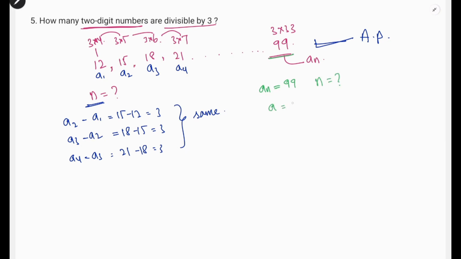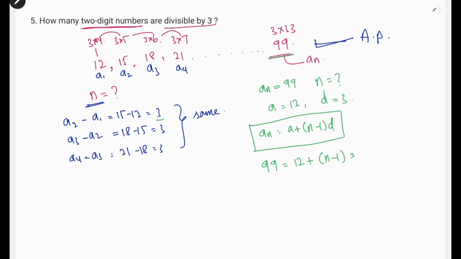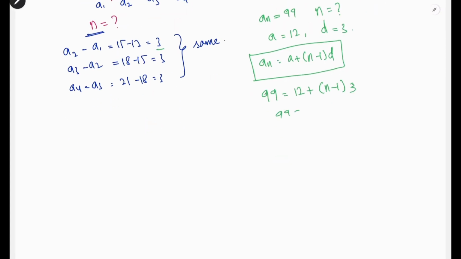The first term is 12, the common difference d is 3. Now we will use the formula an equal to a plus n minus 1 into d to find the n value. an is 99, which is equal to 12 plus n minus 1 into 3. So 99 is equal to 12 plus 3n minus 3. 99 is equal to 12 minus 3, which is 9, plus 3n.